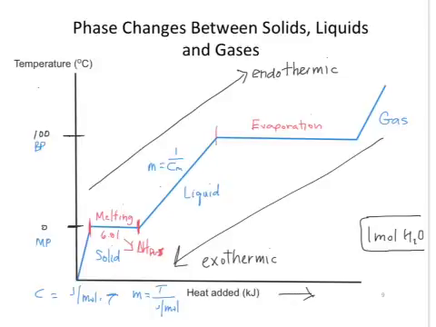If we look from here to here, that's 40.67 kilojoules, and that actually does represent the delta H of vaporization for water. The delta H of sublimation is not easy to derive from this particular graph. You can't get to it specifically just by looking at the graph.